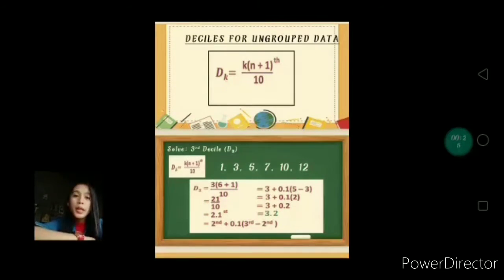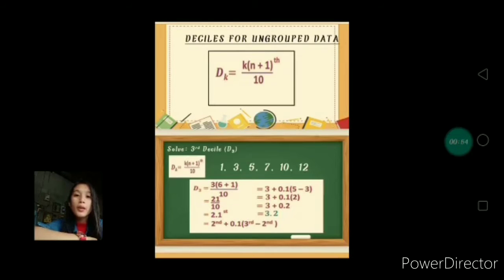So D3 equals 3 times the quantity of 6 plus 1, over 10. So 6 plus 1 is 7, times 3 is 21. 21 over 10 equals 2.1. The position equals second number plus 0.1 times the quantity of third number minus second number.